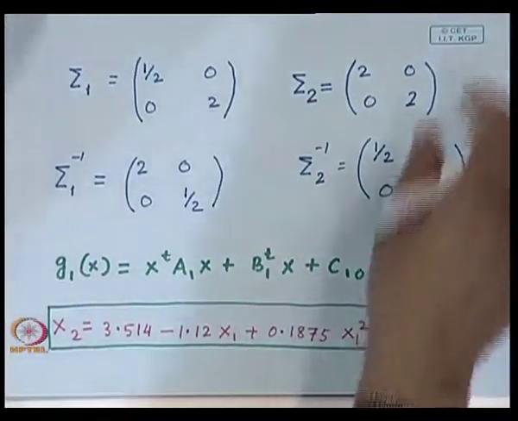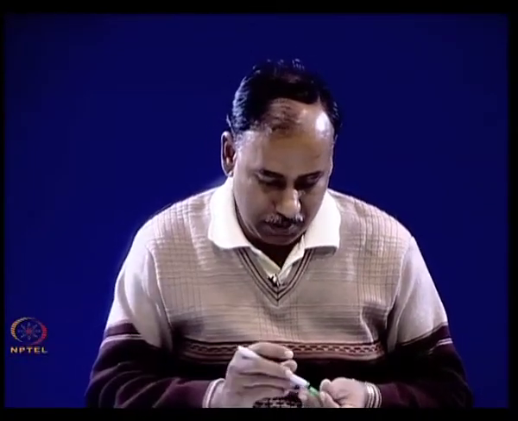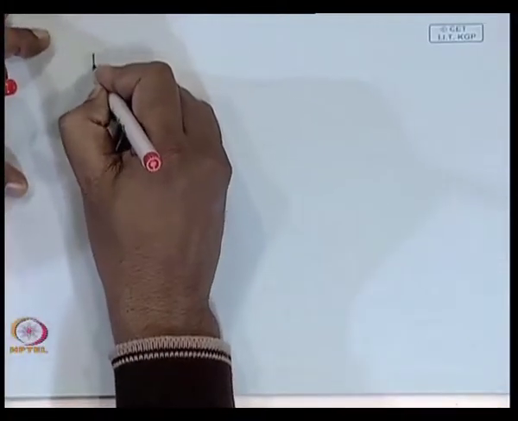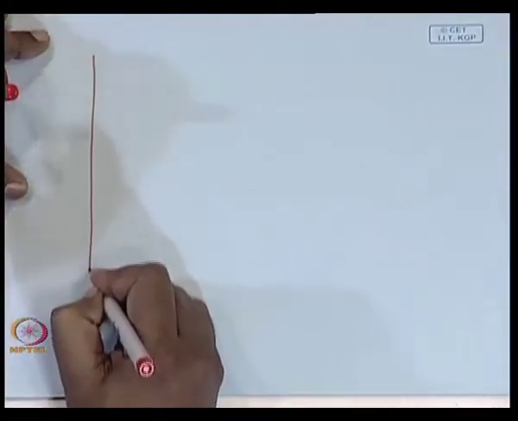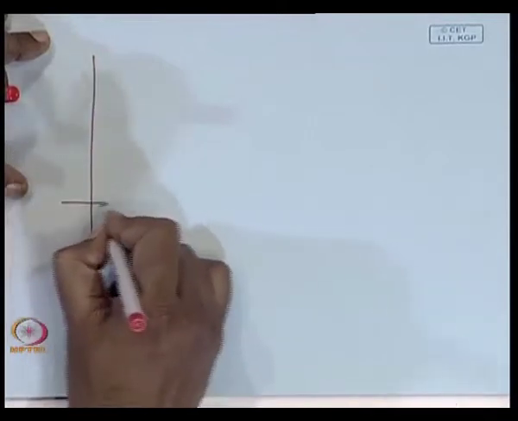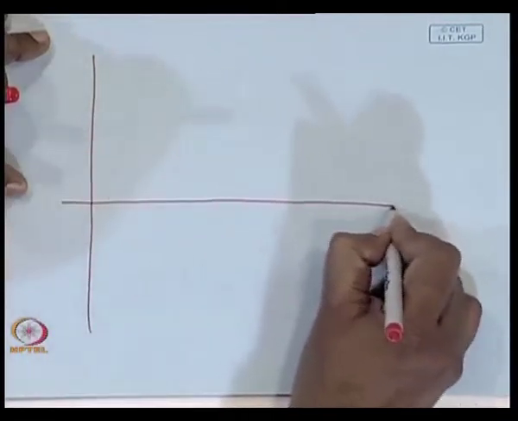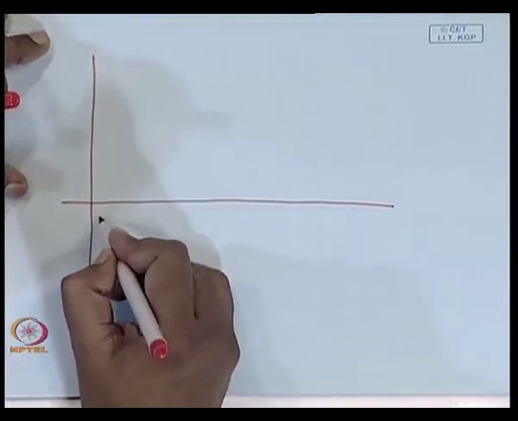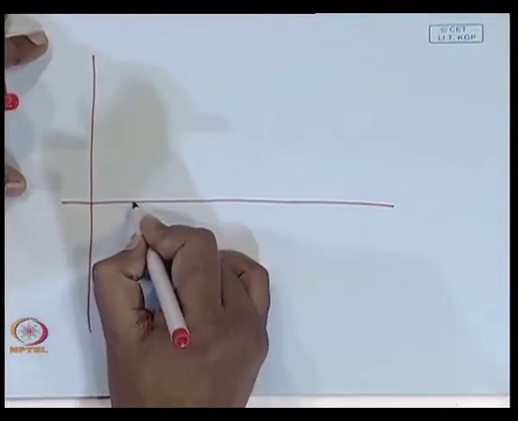Now, if I want to find out how this quadratic curve looks like, I will simply plot these points on paper and find out how these surfaces look like. So, I have points 2, 6.